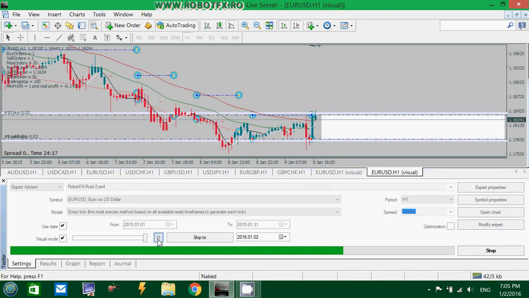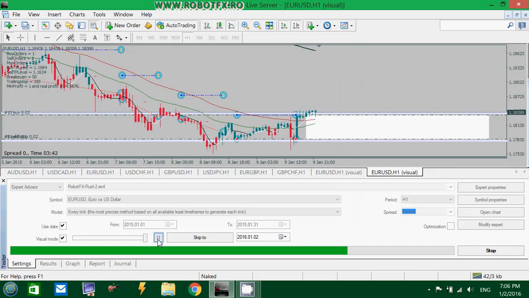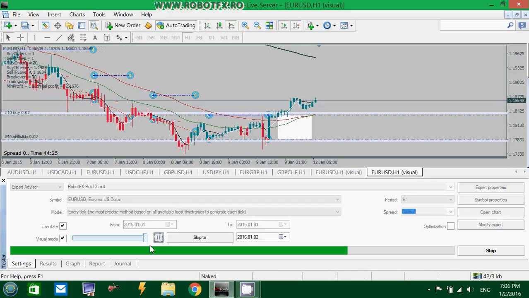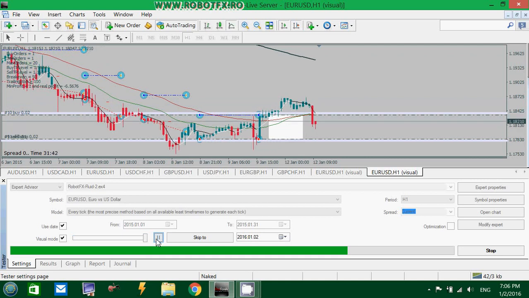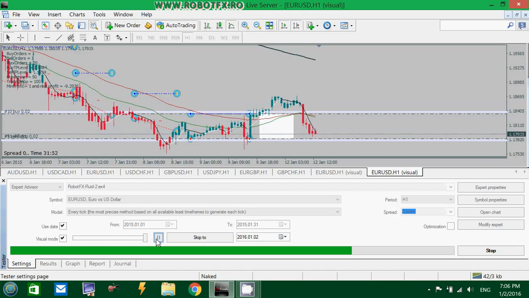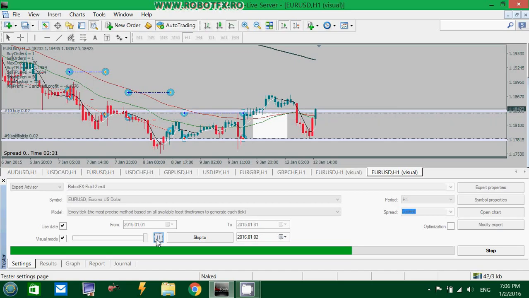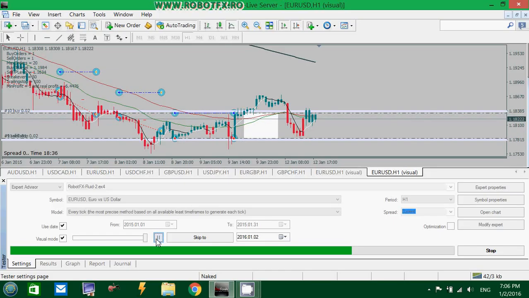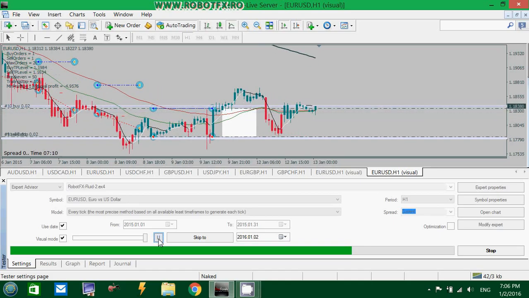So this is the hedge zone option. This is how to hedge using a recovery zone, a fixed zone. It can be effective. It's not my preferred type of hedging because I feel like I don't have any control.